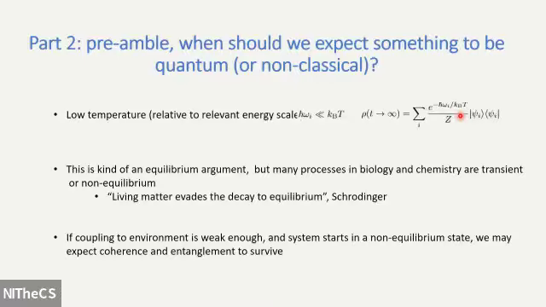And this was something people quote in this book by Schrödinger, that living matter evades the decay to equilibrium. So maybe there's a time scale on which something quantum can happen, that it might be important or it might not. In correlation to that, you can have a thermal state, which is perhaps very high temperature, but it takes a long time to get there.